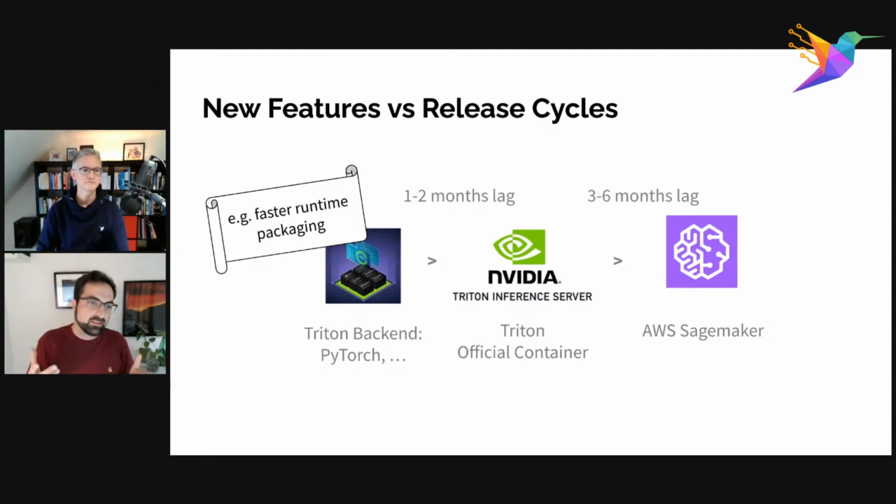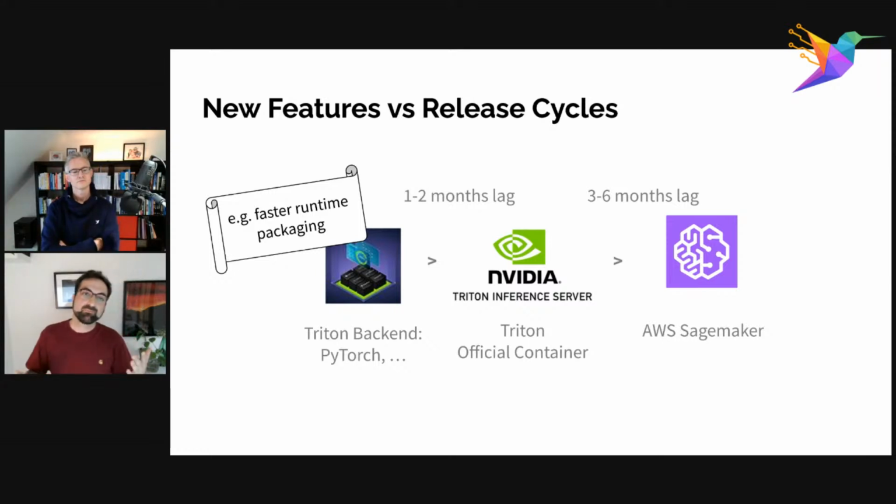But that's not the end of the journey, because then you'll have to wait until the AWS SageMaker team updates their supported container versions, and this again takes quite some time. I've seen in some cases it could be up to 6 months.